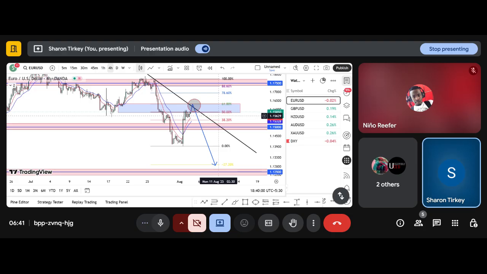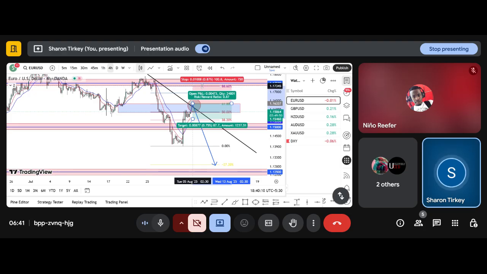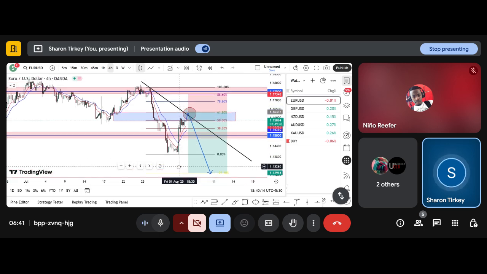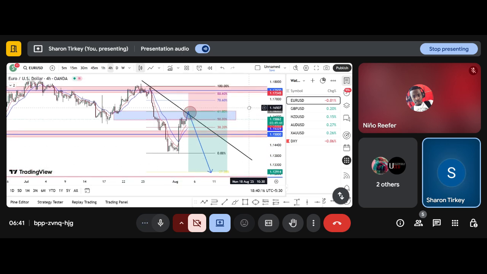That's it. After confirmation, we enter a short position here at this level. Our SL is 88% and our target is minus 27%, okay? And here this is done.